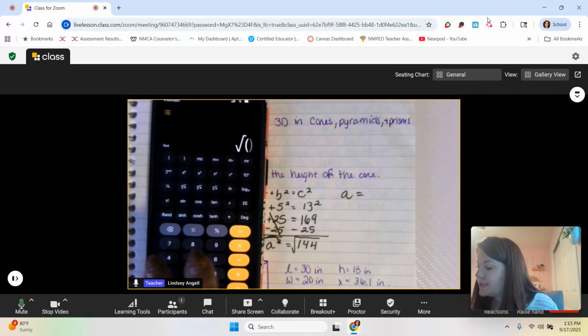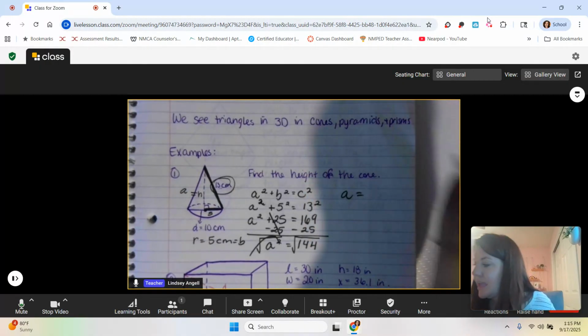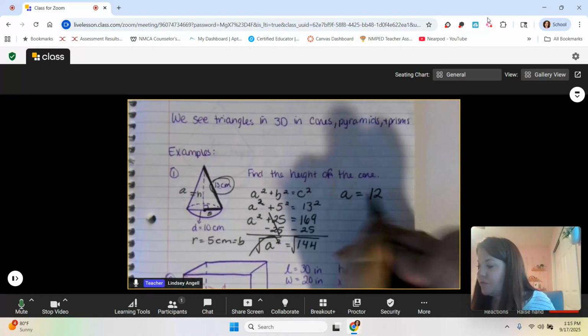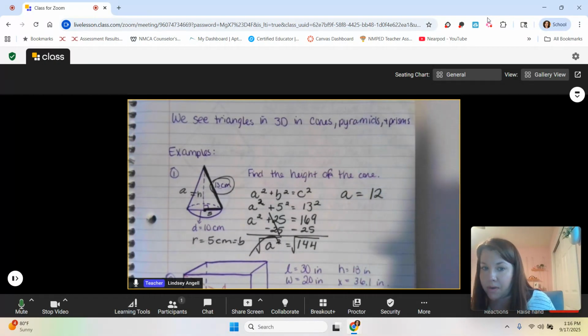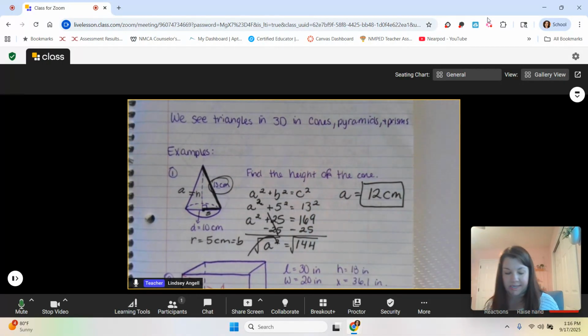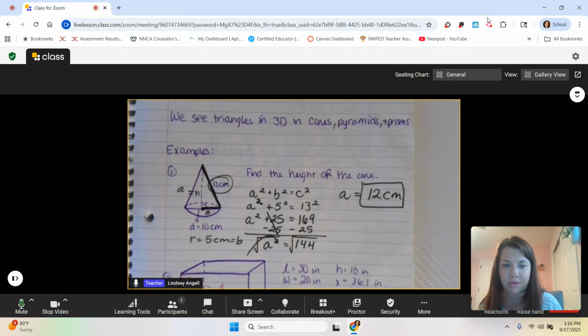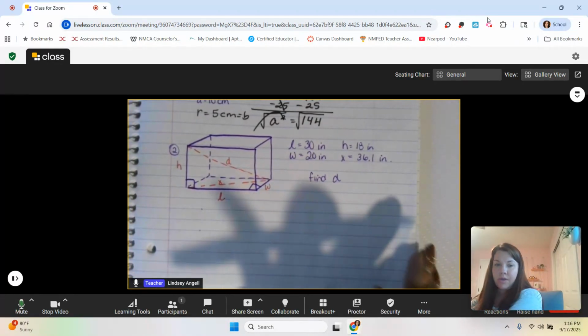Square root of 144 is 12, because 12 times 12 is 144. So the height of the cone, and I know my numbers are all centimeters, would be 12 centimeters. So it's just finding the right values and making sure that we're putting them in the correct spot within the formula. But the formula hasn't changed at all in several units, so that's kind of nice.